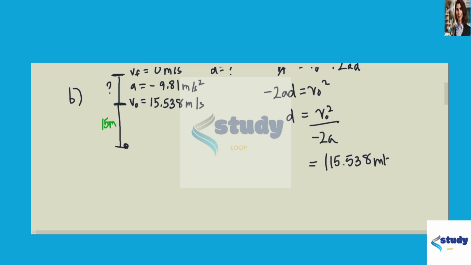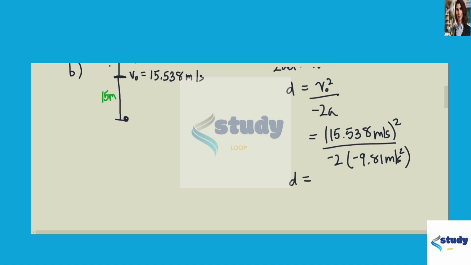The two negatives will cancel out on the bottom here. And the displacement that we get there is going to be 12.3 meters.